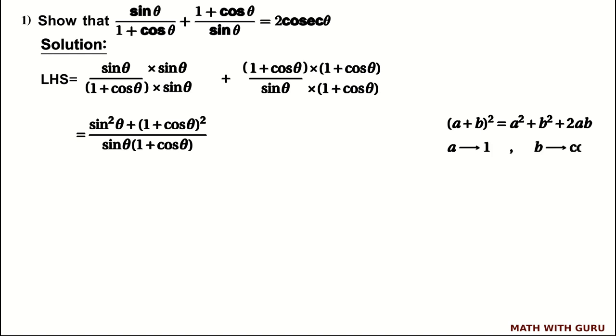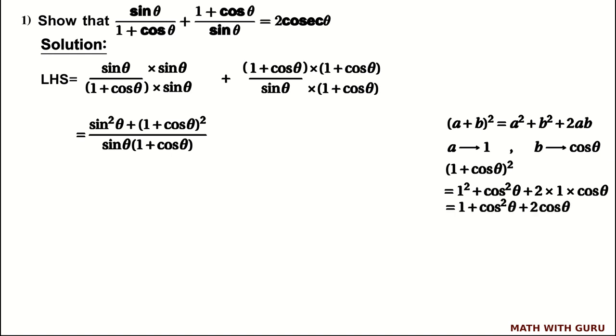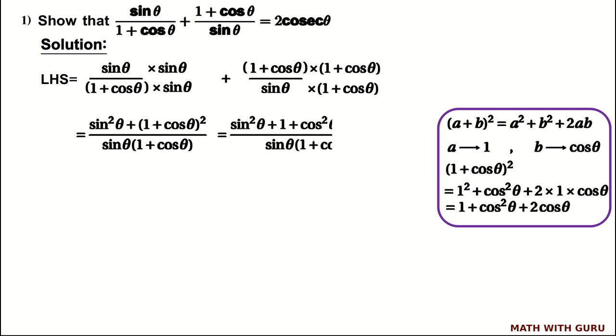Here, a is 1, b is cos theta. 1 plus cos theta whole square will be equal to 1 square plus cos square theta plus 2 into 1 into cos theta, which is equal to 1 plus cos square theta plus 2 cos theta. Therefore, the numerator becomes sin square theta plus 1 plus cos square theta plus 2 cos theta, whole divided by sin theta into 1 plus cos theta.